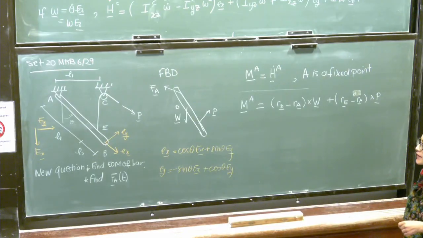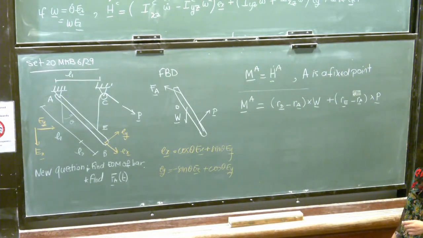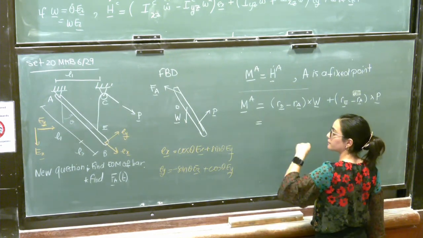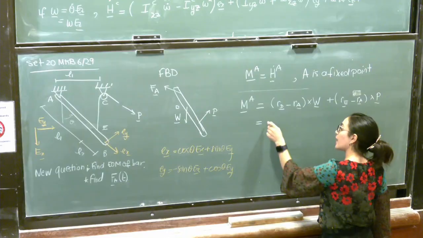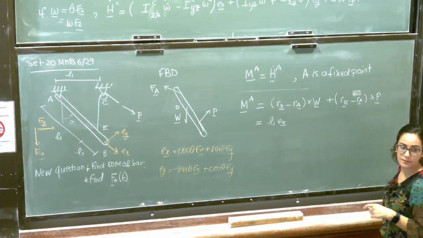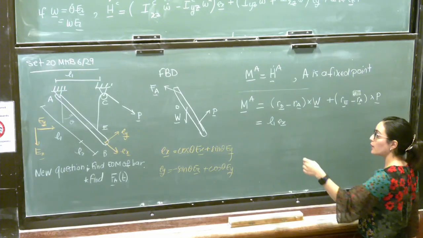Okay, so what is RD minus RA, this position vector? What is it? L1 EX, right? Crossed with the weight. What's the weight?